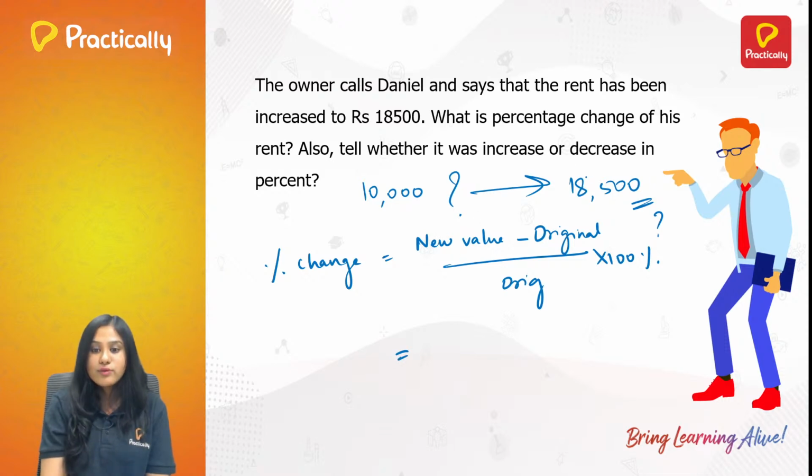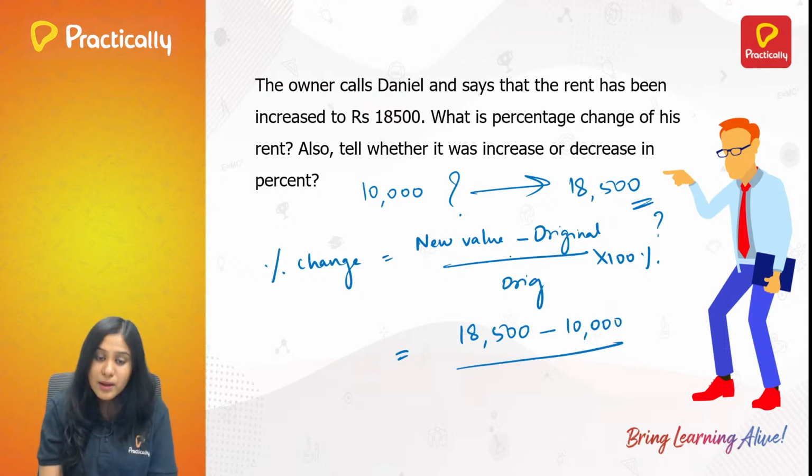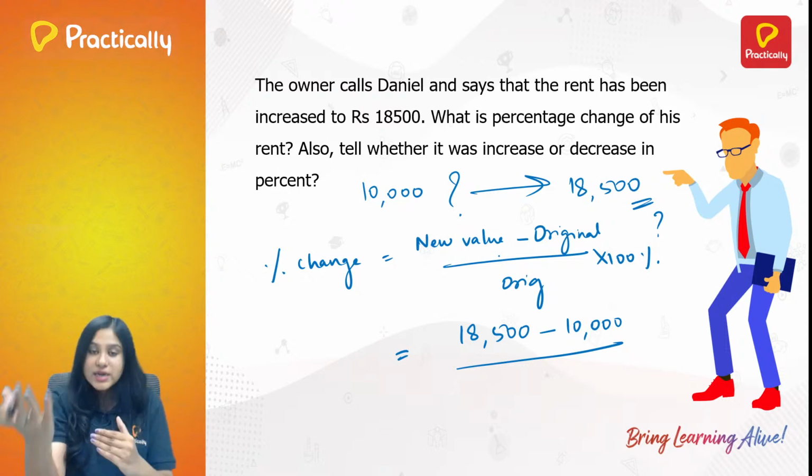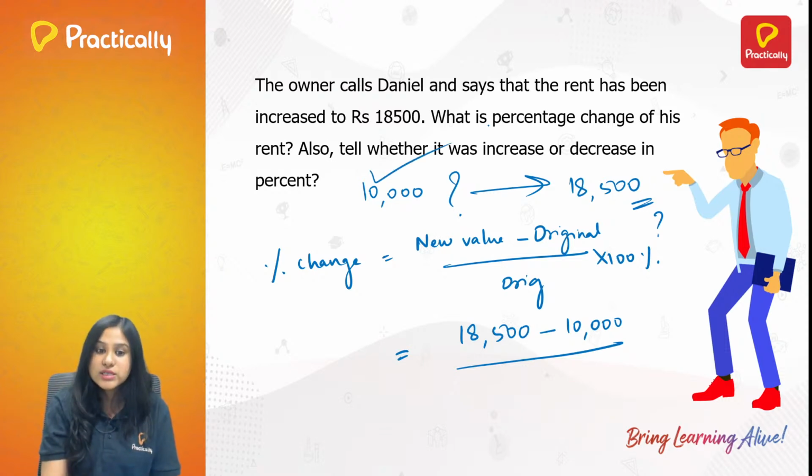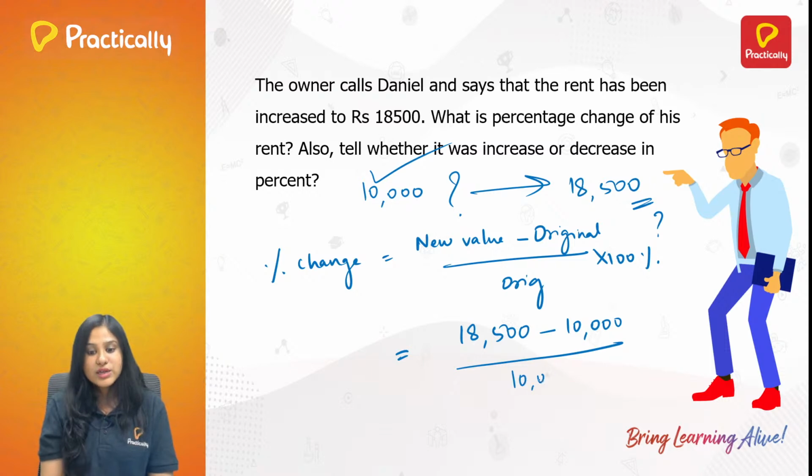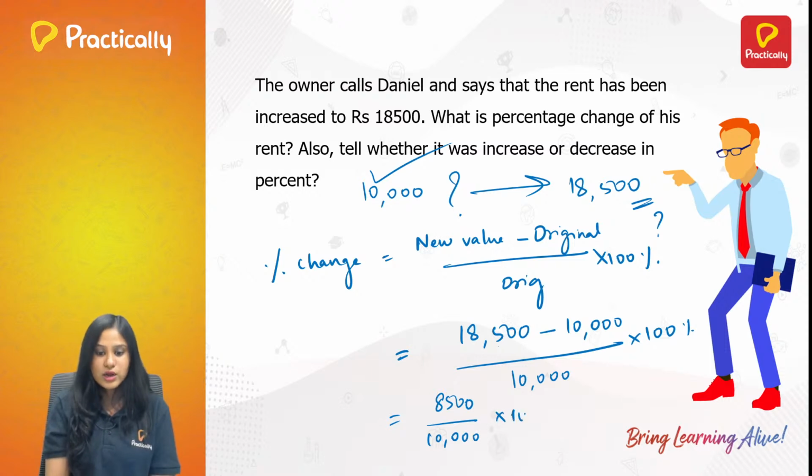So what is the new value here? 18,500 minus 10,000 by the original amount. On what are we calculating the percentage change? That is nothing but 10,000. So 10,000 into 100%, right? Now it is nothing but 8,500 by 10,000 into 100.